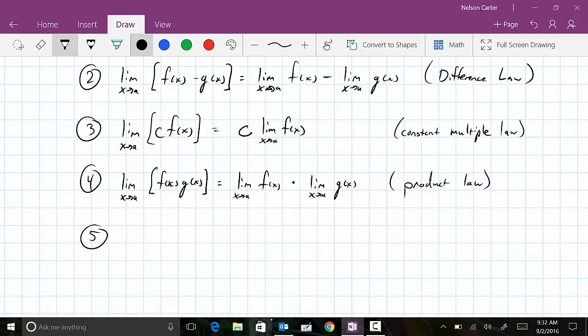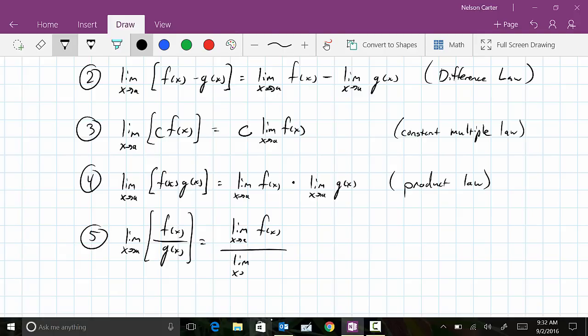Okay. So now, for the next one, it says the limit as x approaches a of f of x divided by g of x. And what you can actually do is take the limit as x approaches a of the top divided by the limit as x approaches a of the bottom.